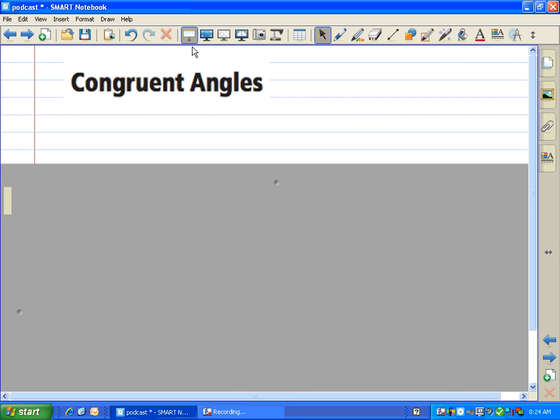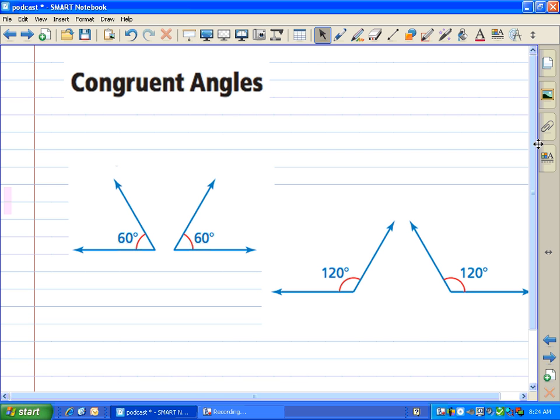All right, congruent angles. By definition, congruent angles are two angles that are equal to each other. So this is 60 and this is 60. Since they are both the same number and they are equal to each other, we say they are congruent. If this angle is 120 and the other angle is 120, by definition, they are equal to each other.